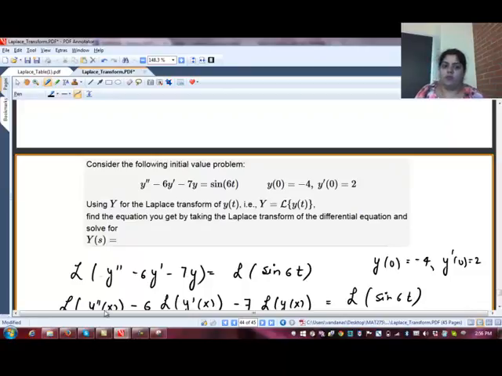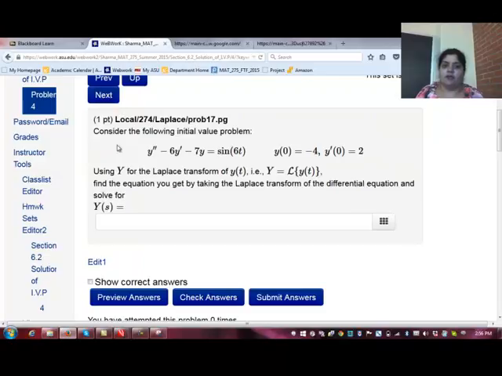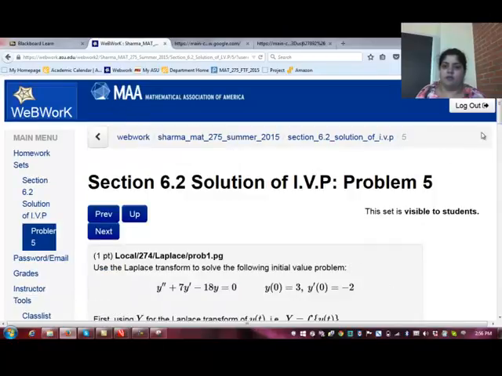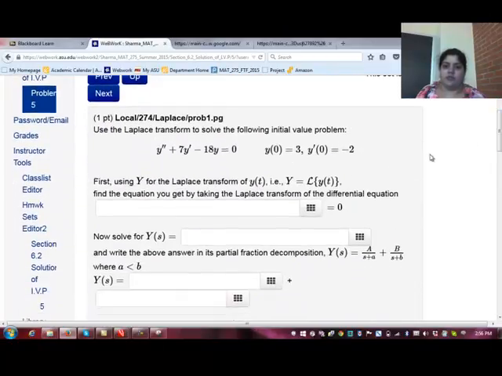So here is one of the examples which is kind of preliminary, so we can plug the answer here and check as well. Here also they are asking you to find, and as you can see, once you have computed, they are asking you to do partial fractions.